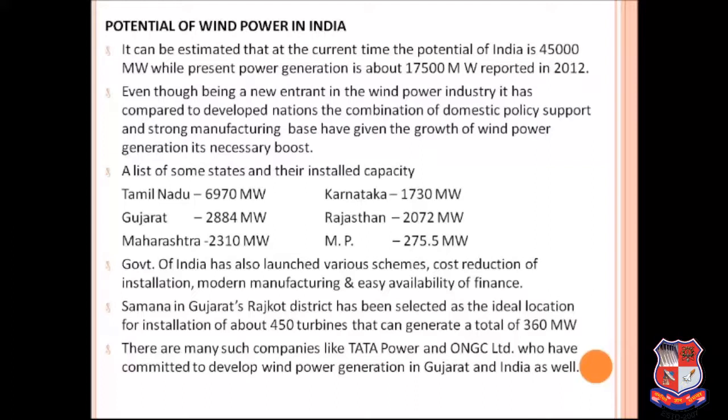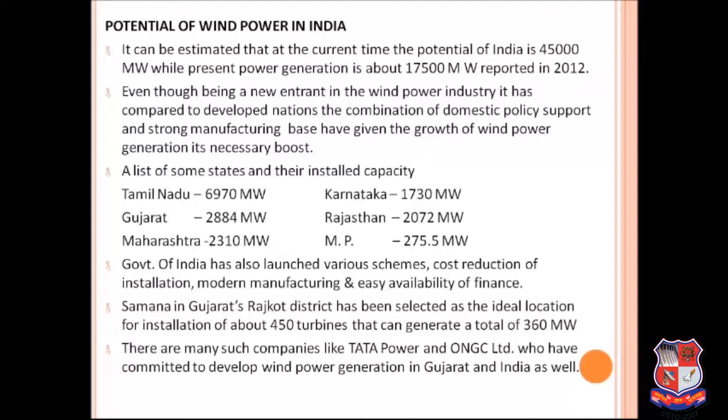Even though India is a new entrant in the wind power industry compared to the developed nations, the combination of domestic policy support and a strong manufacturing base has given the growth of wind power generation its necessary boost. A list of some states is shown below.